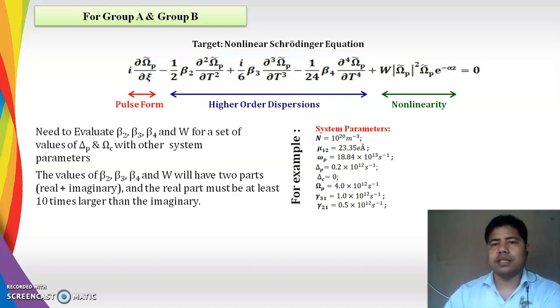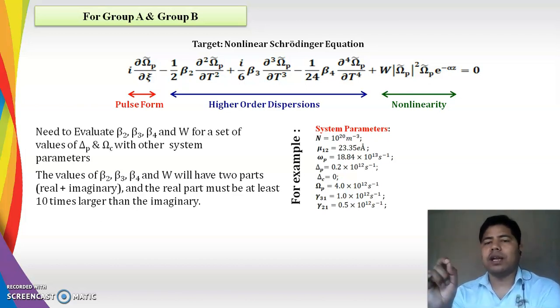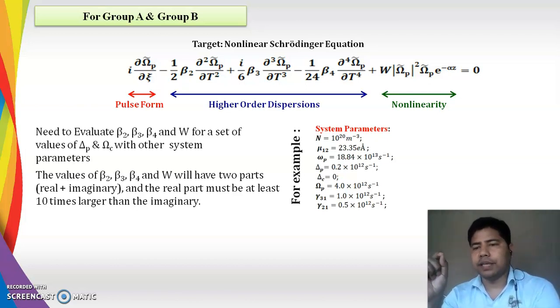We are checking the behavior of these susceptibilities. Now we need to select a frequency within that limit of delta p, ranging from minus 2 into 10 to the 12 to plus 2 into 10 to the 12 second inverse. Within that limit we have to check one particular frequency. Say, for example, here we are checking delta p equal to 0.2 into 10 to the 12 second inverse.